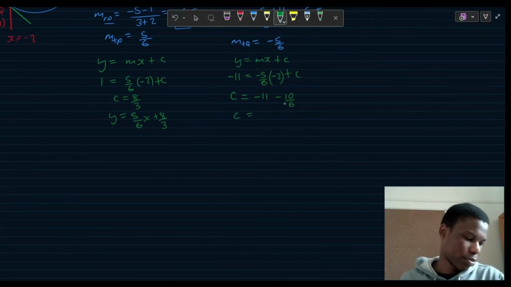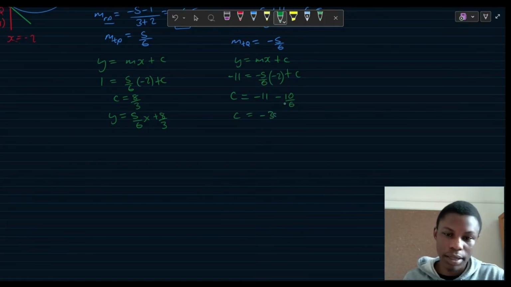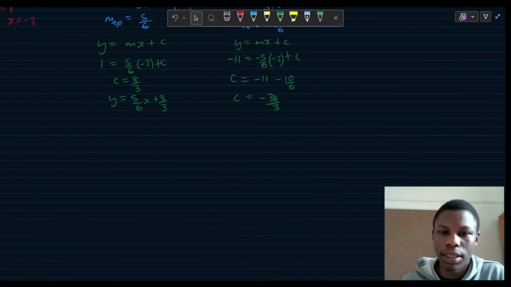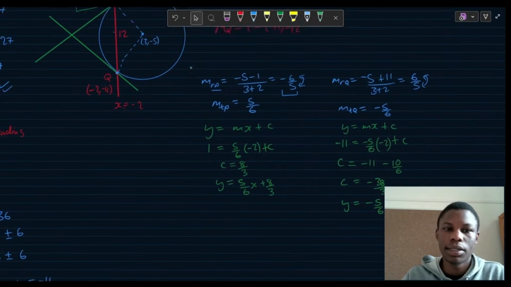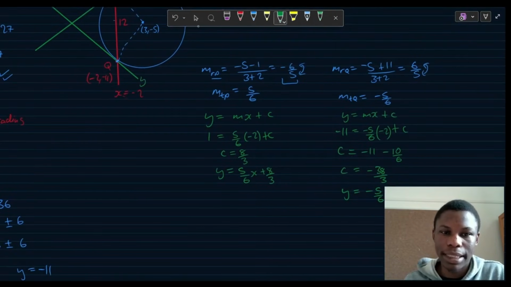So c is minus 11 minus 10 over 6, which is minus 38 over 3. All right. And so y here has to be negative 5 over 6x minus 38 over 3. So the equation of our tangent here is y is minus 5 over 6x minus 38 over 3.